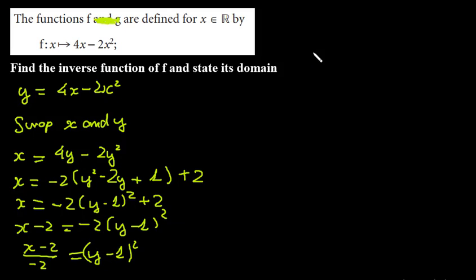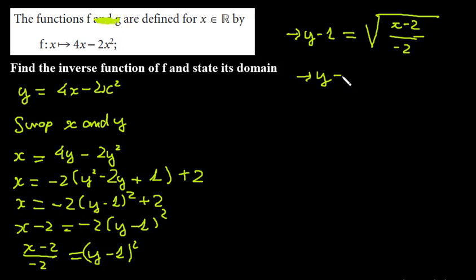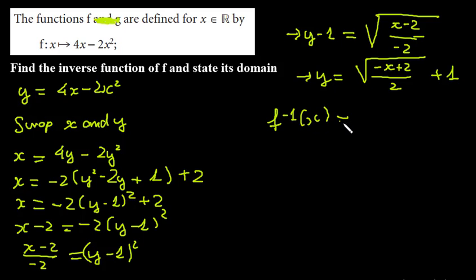So y minus 1 equals the square root of (x minus 2) over minus 2. So y equals the square root of (minus x plus 2) over 2, plus 1. Here's the inverse function.